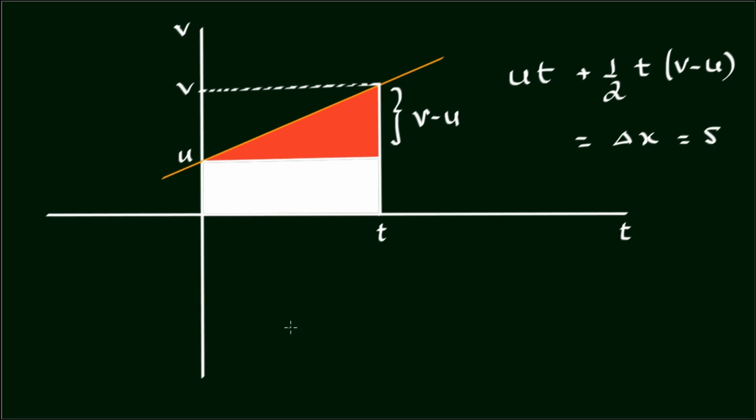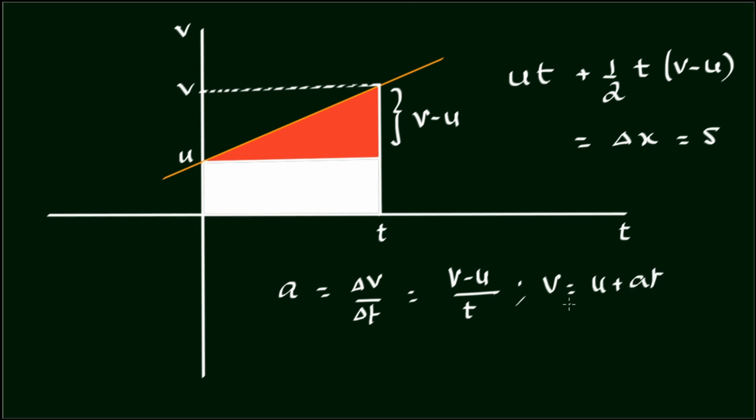Now, since it is constant acceleration, what is the slope? The slope, the acceleration, is equal to delta v by delta t, and that's going to be the change in the velocity, v minus u, by the change in the time, t. So you have v is equal to u plus at, an equation with which we are very familiar. Let's take v minus u and substitute here.